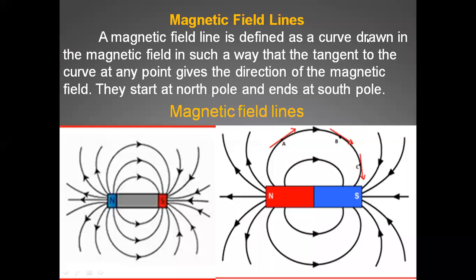Magnetic field lines are closed, continuous curves. The tangent points, A, B, C, give the direction of the magnetic field.